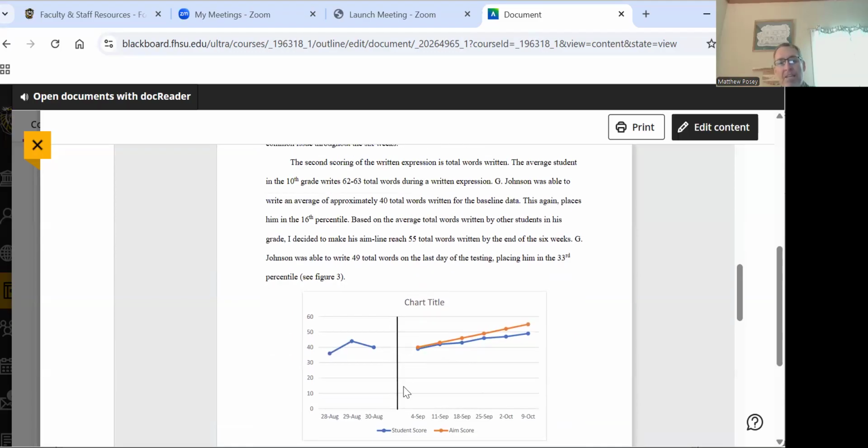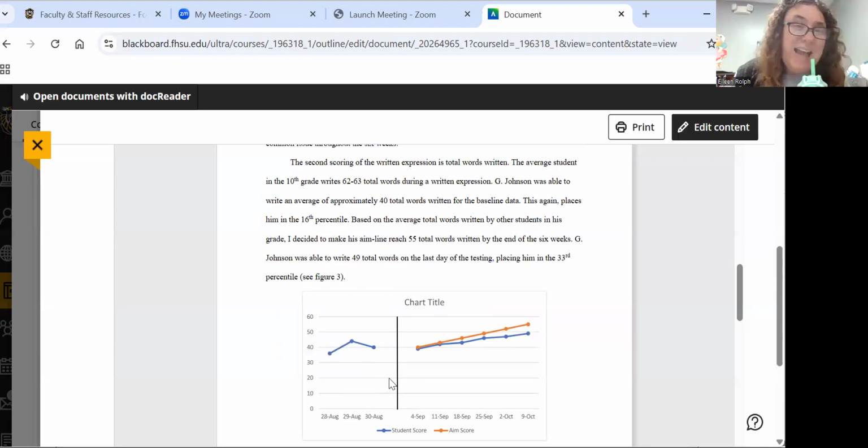Where the intervention line comes in is when you see drops right here at the beginning. It's time to do an intervention. If they start off low but are consistently going upward, you wouldn't need an intervention line. It's when you have the drop.